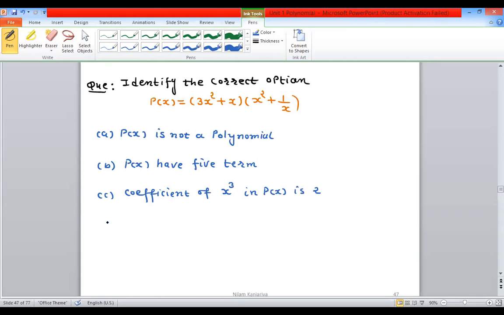And the last option D: the coefficient of x in this polynomial P of x is 3.